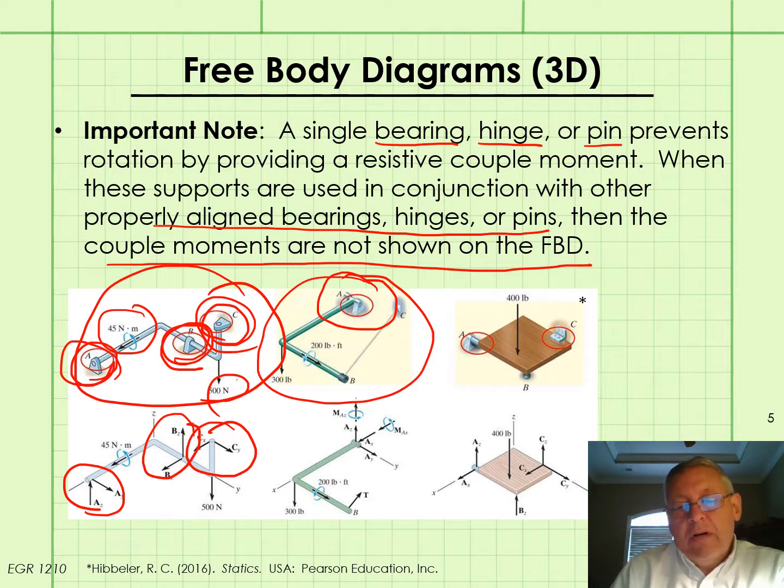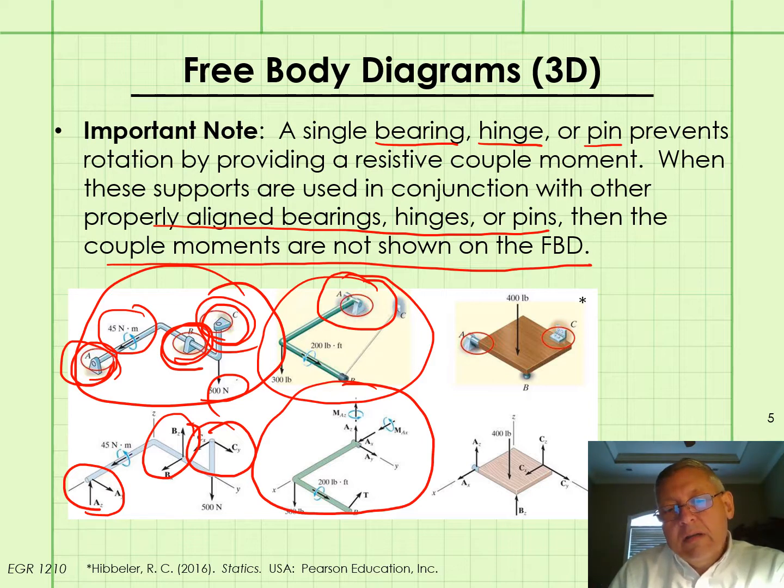So when we draw the free body diagram for this example, at the pin, when we remove the supports, we're going to show the 3 force components as well as 2 of the restrictive moment components.